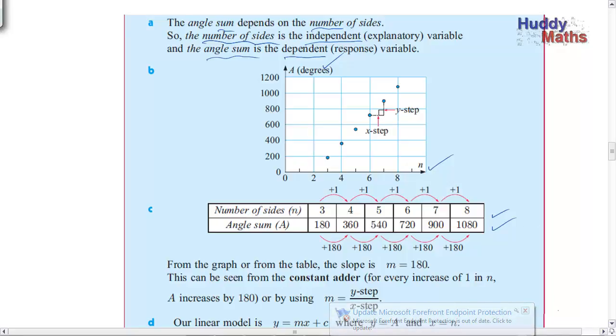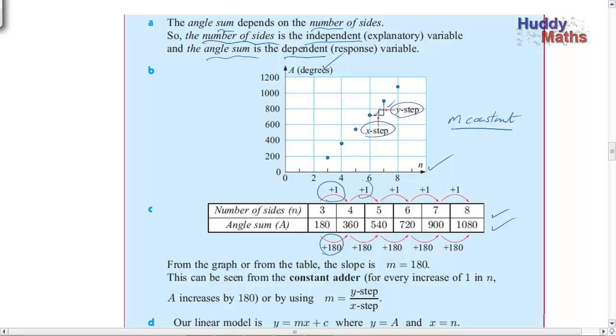Okay, up there. So from the graph, what can you say? Well, from the graph, you could measure it, an x step of 1, a y step there. What sort of slope do you get? The slope here, of course, is constant, we've said. So on a table, how does that appear? Well, if you go up by 1 in the x, the change in y is 180.